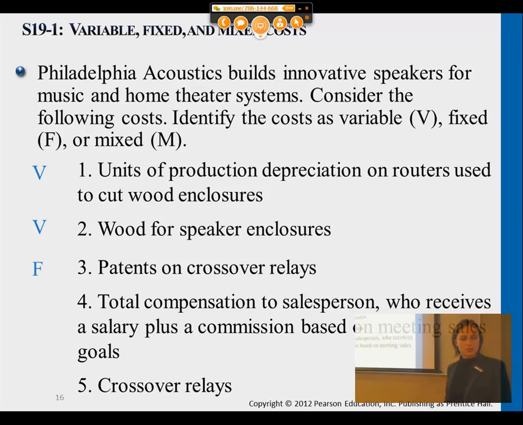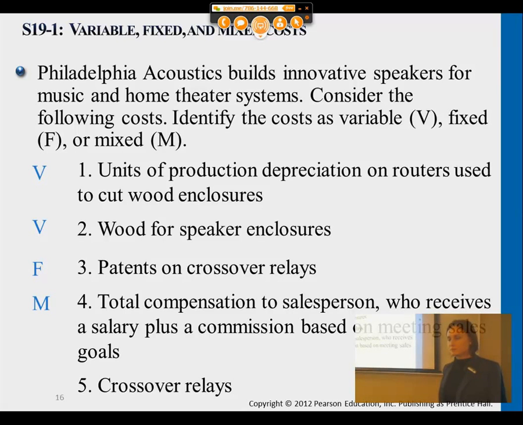Total compensation to a salesperson who receives a salary plus a commission based on meeting sales goals. Mixed. Cool. Crossover relays. Part.